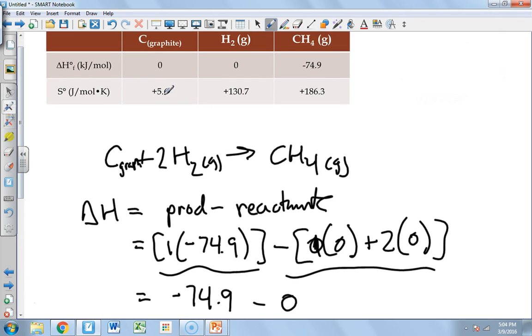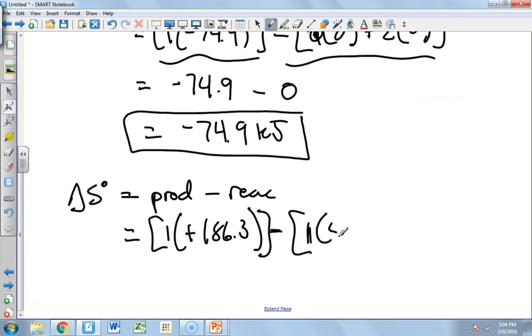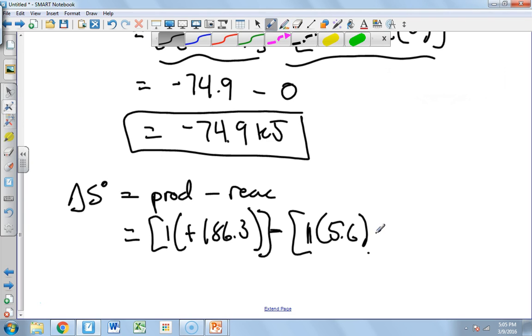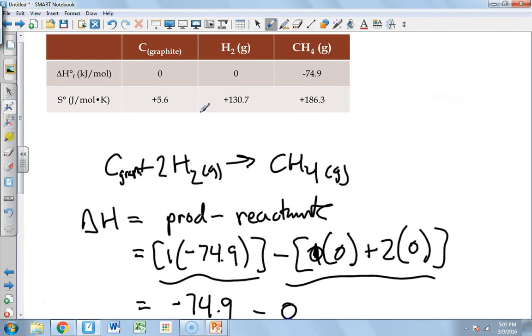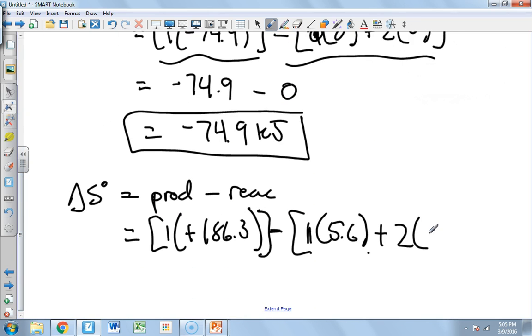The S of carbon is 5.6, plus, because we add up all the reactants, 2 times H2, and H2 is 130.7.